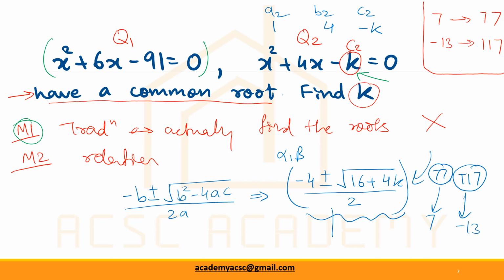Then any one of them will be satisfied, and then we will be getting the common root. So this is how lengthy it is going to be, but anyway, let us try it just for the sake of learning.